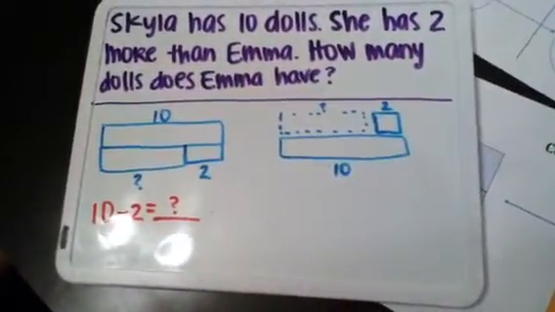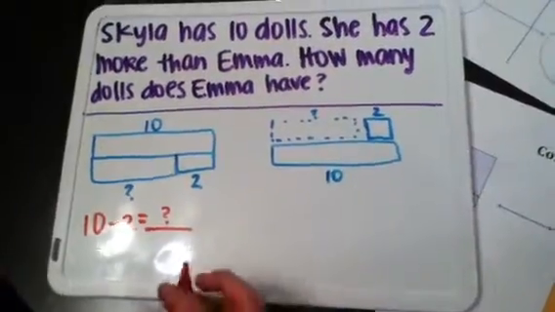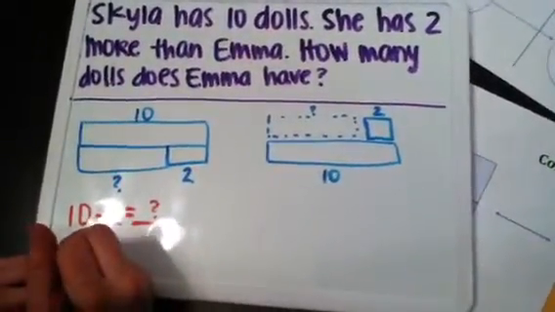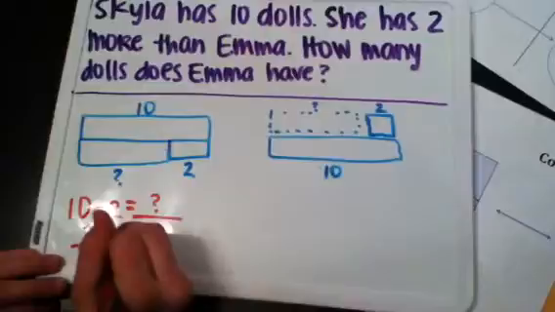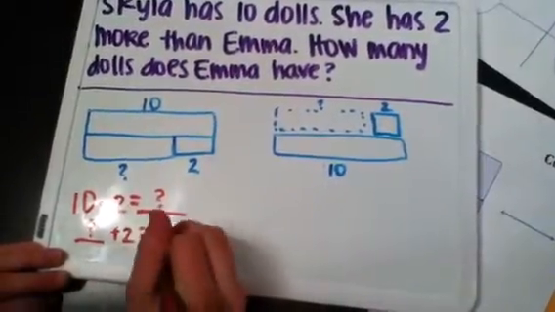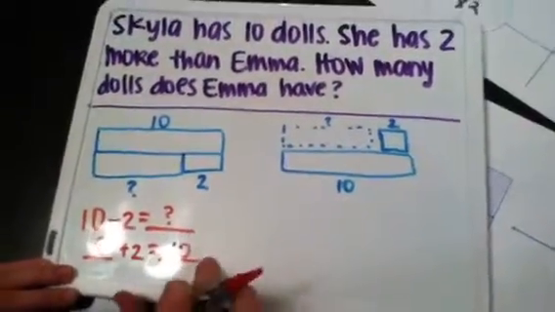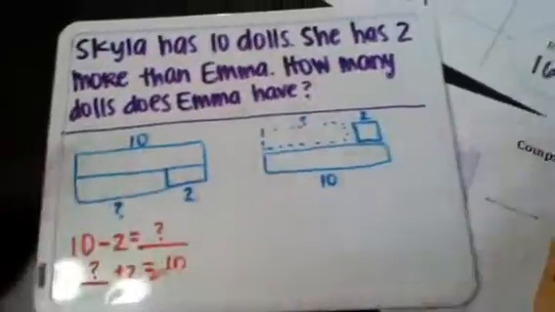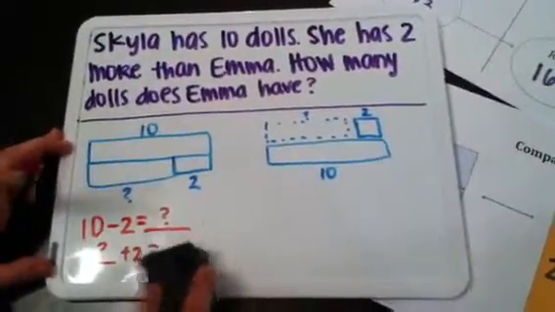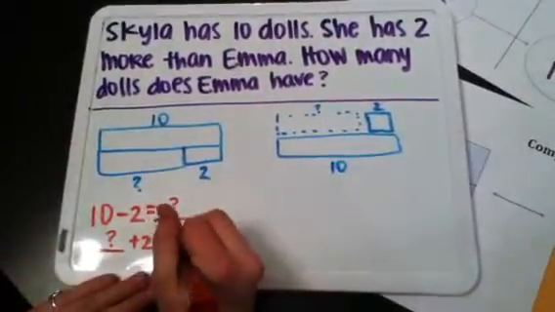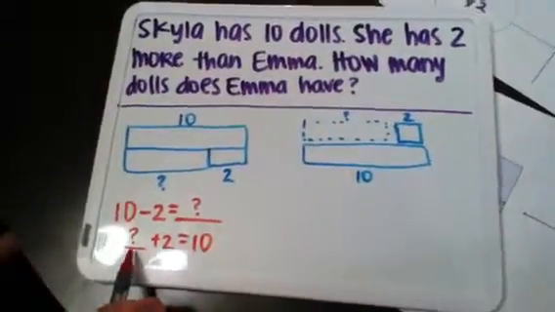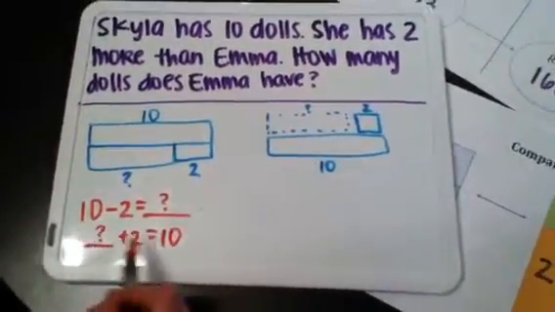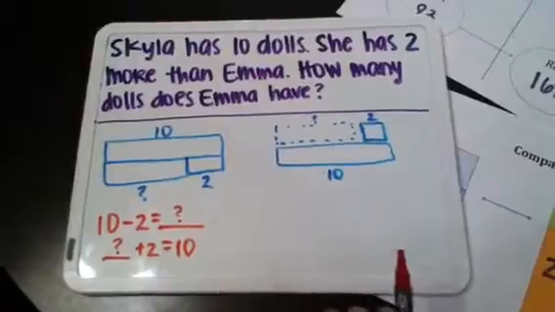We can also do what number plus 2 equals the 10 dolls. So this way we can figure out what number plus 2 would equal Skyla's dolls.